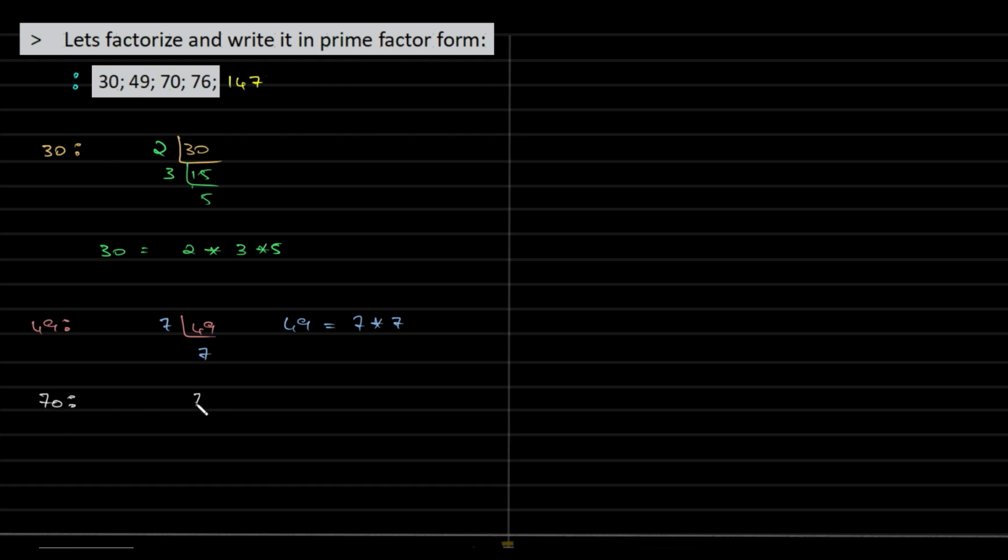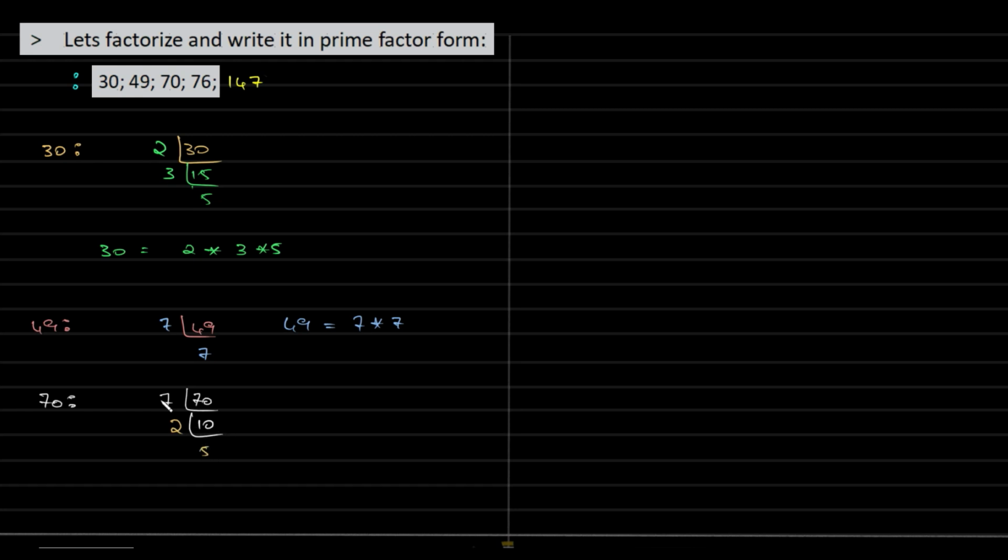So 70 can be written as, let's start with 2 because it's an even number. But my suggestion is 70 looks much easier to divide with 7 because it will simplify to a very small number, that is 10. So it's better to start with whatever is convenient. For me 7 was convenient, for you guys 2 might be convenient, so it's your preference.